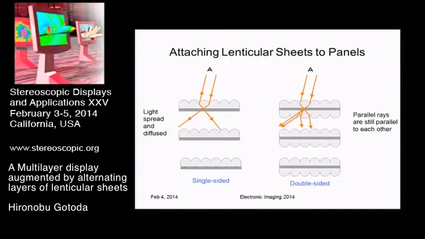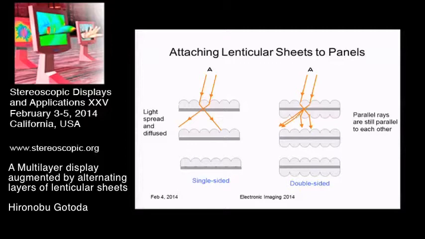Another configuration is this one. To each panel, we attach a lenticular lens from one side and also on the other side. If we configure these lenticular lenses accordingly, we can get a situation where the parallel rays of light will arrive and converge at this point, and leave in these two directions.